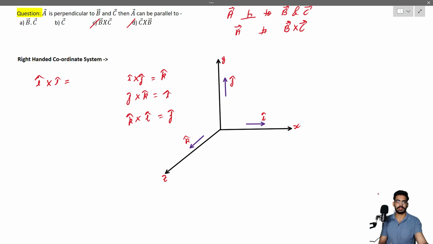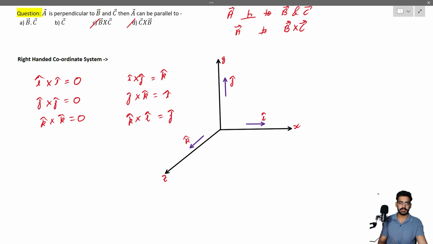Angle is 0, so it's going to be 0. So the cross product of any two parallel vectors is 0, because the angle between them is 0. j cap cross j cap is 0, and k cap cross k cap is 0.